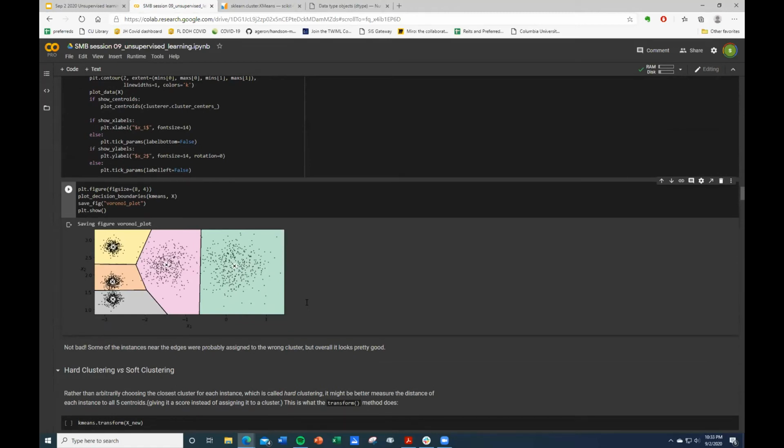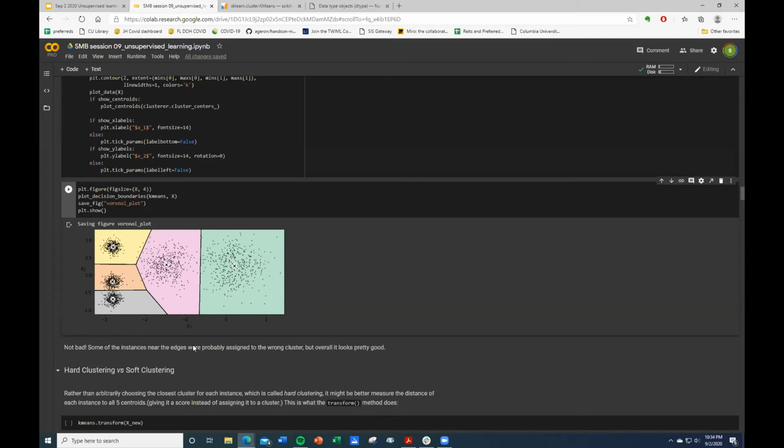This is how the k-means is kind of carving up the territory. This is apparently called a Voronoi plot. Okay, didn't know that.